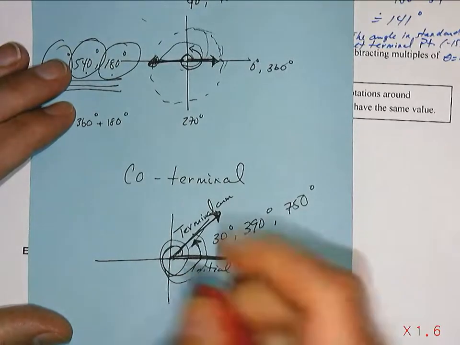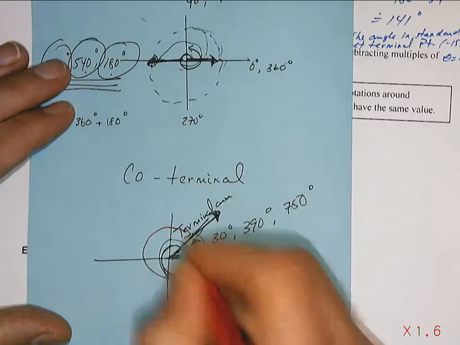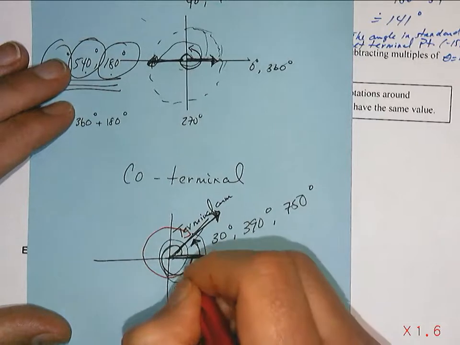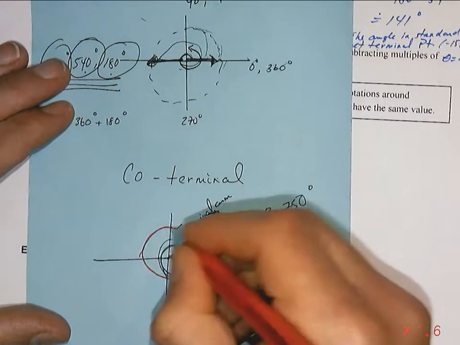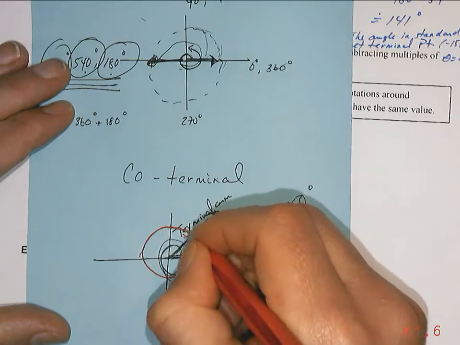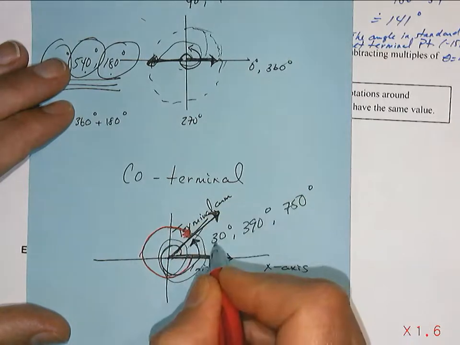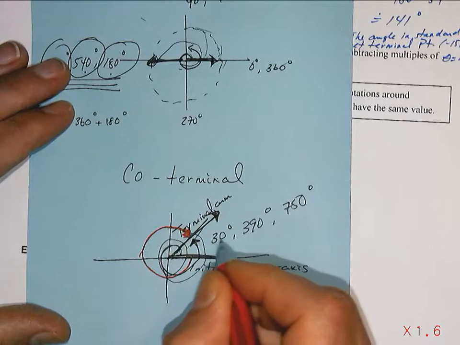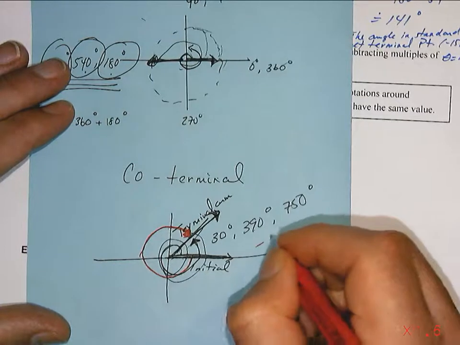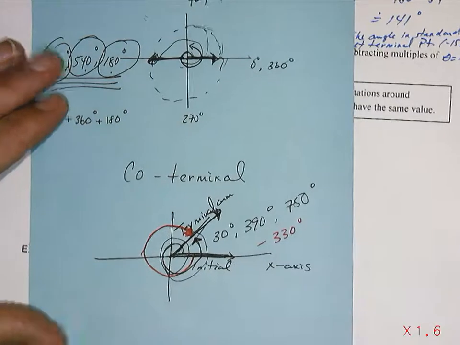And I can get the same terminal angle if I go this way and stop. So I'm going negative 90, negative 180, negative 270, and then all the way up to, but not including this 30. So instead of 360 degrees negative, I'm just missing it by 30, it would be negative 330 degrees.